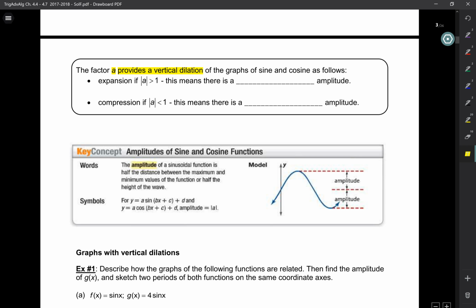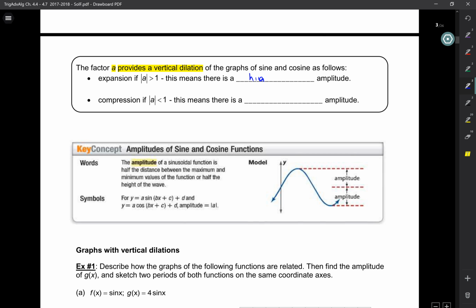Now, if you look at A and you take the absolute value, so you strip it of its positive or negative, if that value is greater than 1, it means there is a higher amplitude. That means the highs are higher and the lows are lower. There is a compression if the absolute value of that number A is less than 1.